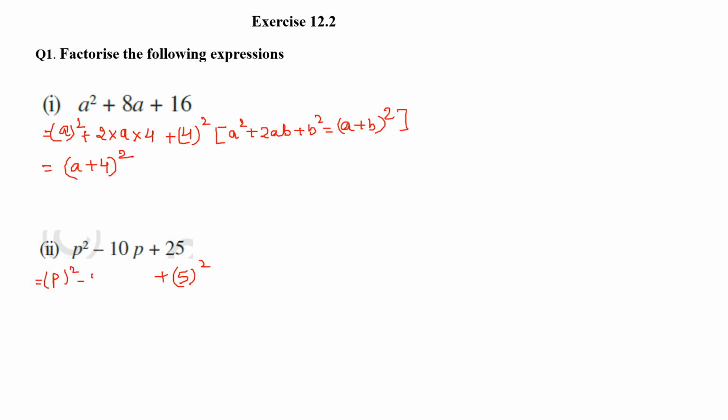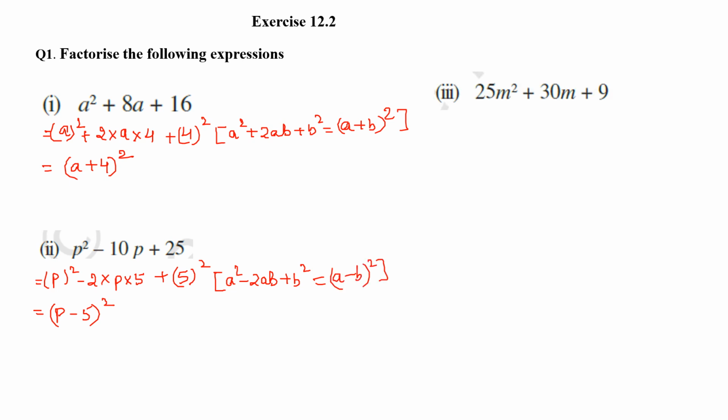If I write it in the form of 2ab, 2 into p into 5, I am getting minus 10p. It means I can write it as p minus 5 whole square. And here I can mention the identity a square minus 2ab plus b square is equal to a minus b whole square.